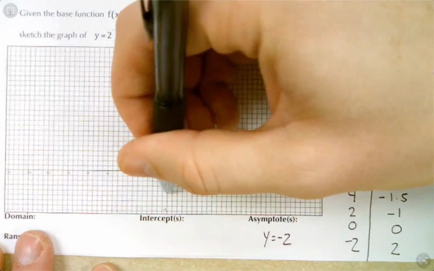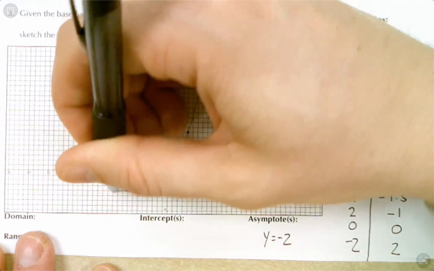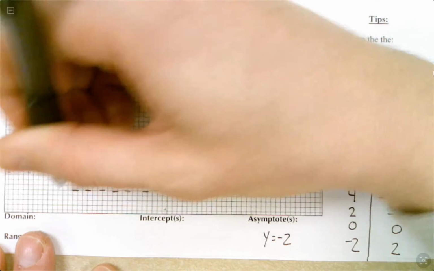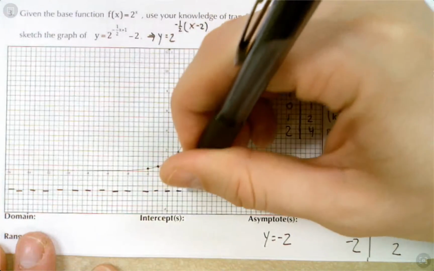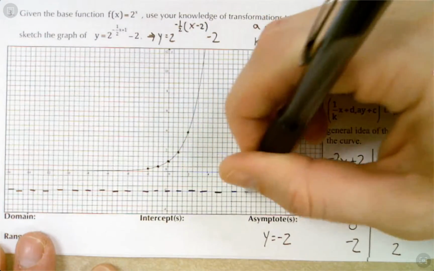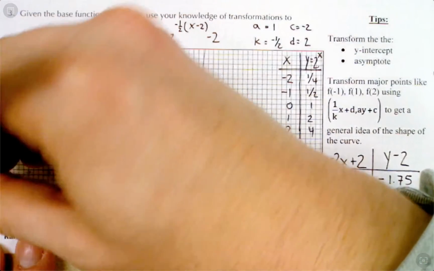So I'm going to put that on my graph first. That would be right here. We do asymptotes with dashed lines. And our graph is going to approach this dashed line. And over on the side, I'm just going to label it y equals -2.